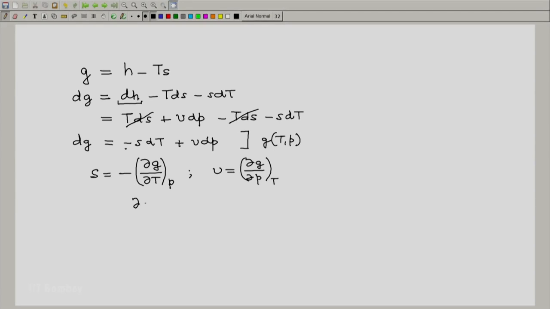So we will have partial of S with respect to P at constant T equal to negative of partial of V with respect to T at constant P. Let us call this relation M4.